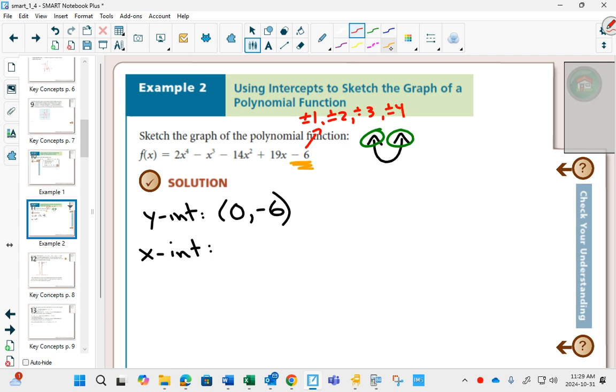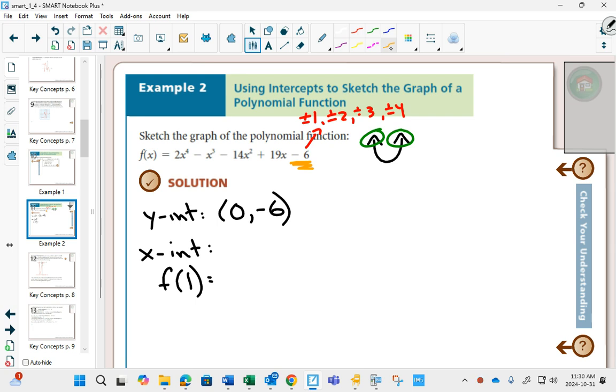So your factors could be x + 1 or x - 1, x + 2 or x - 2, x + 3 or x - 3. And you can use either synthetic division or the remainder theorem to find them. Okay? I would start with the remainder theorem only with 1 and -1.